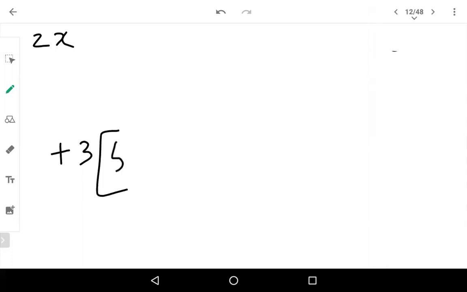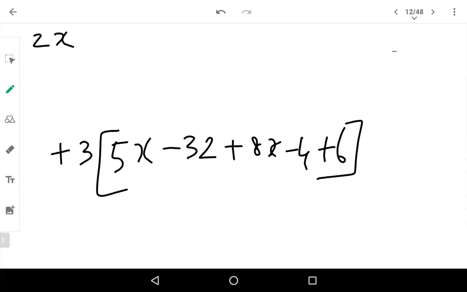That is going to be 5x minus 32 plus 8x minus 4 plus 6. This complete thing you are supposed to multiply with 3. So 3 into 5x will give me plus 15x, correct? 3 5s are 15 and then x is considered.